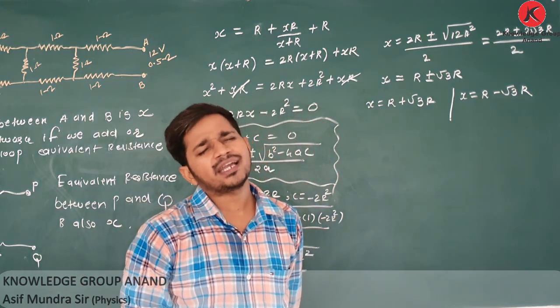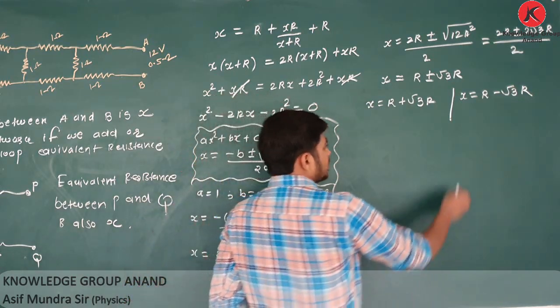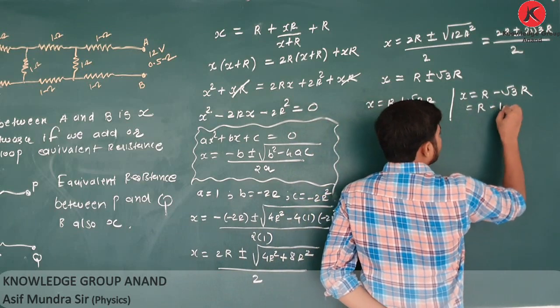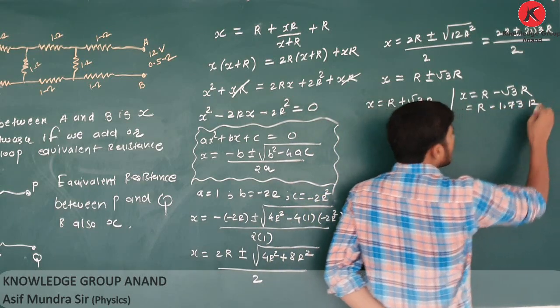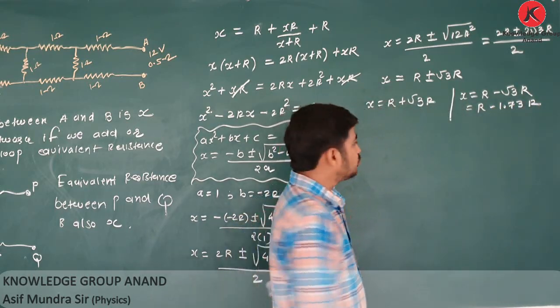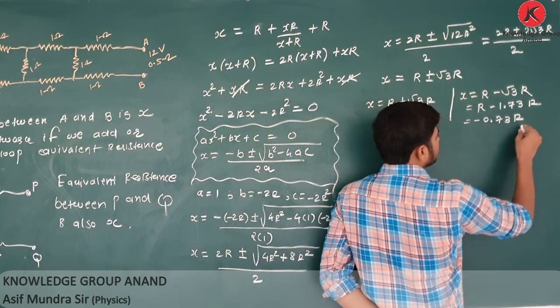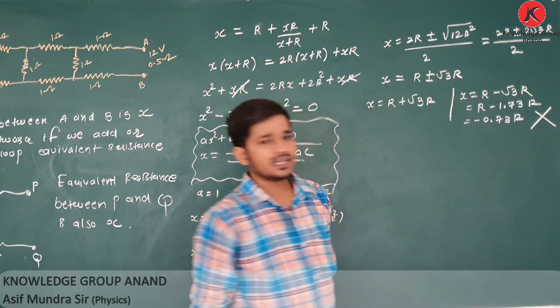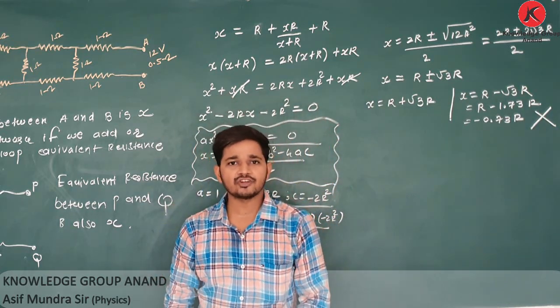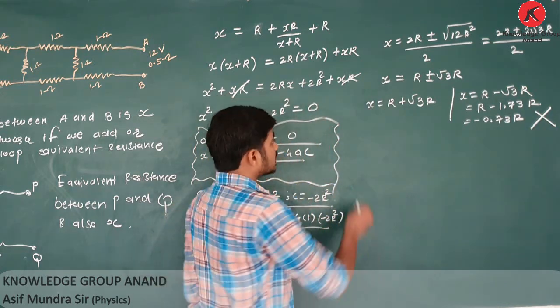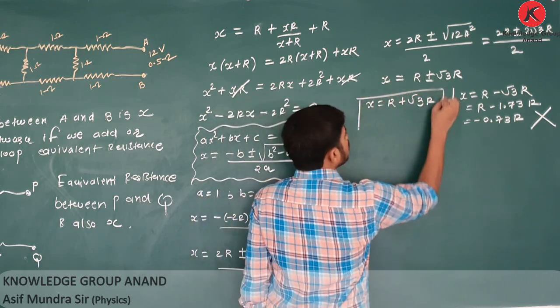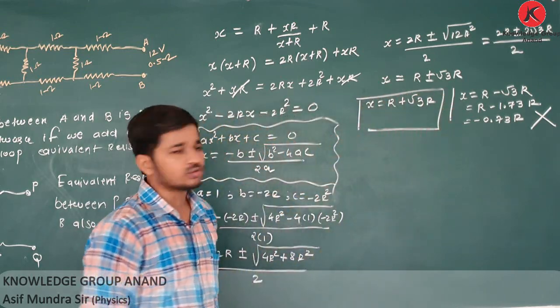You know the value of root 3 is approximately 1.73. Then r minus 1.73r, you will get minus 0.73r, and it is not possible. Resistance cannot have a negative value. So what is your answer? Your answer is x is equal to r plus root 3r.